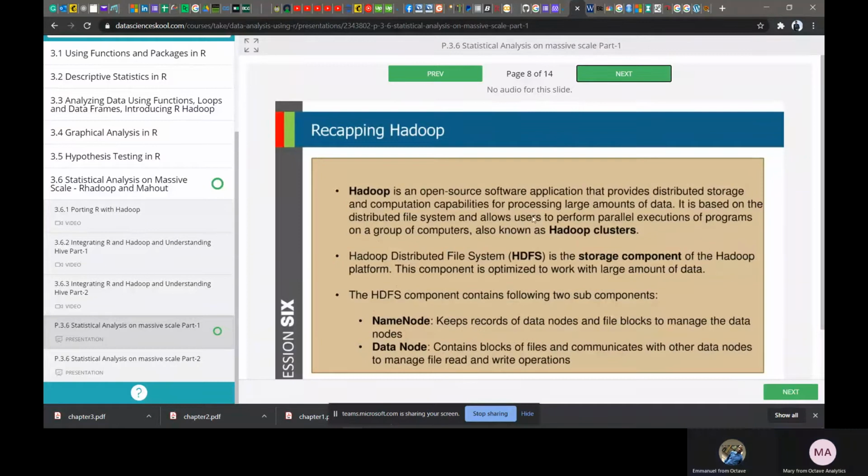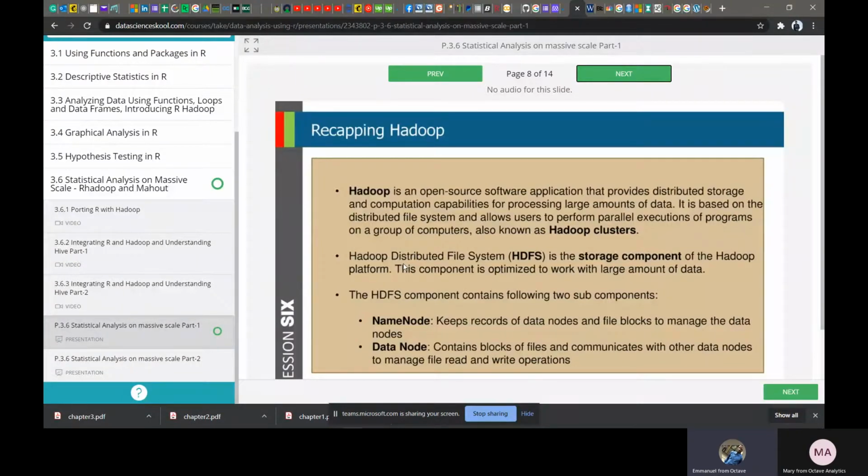Okay, so let's recap on Hadoop. We talked about this in the first module. Hadoop is an open source software application that provides distributed storage, which is HDFS, and computation capabilities for processing large amounts of data, which is MapReduce.